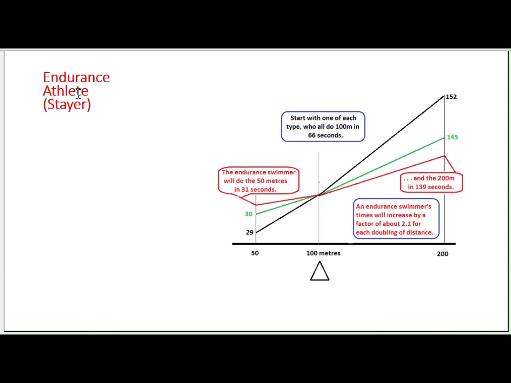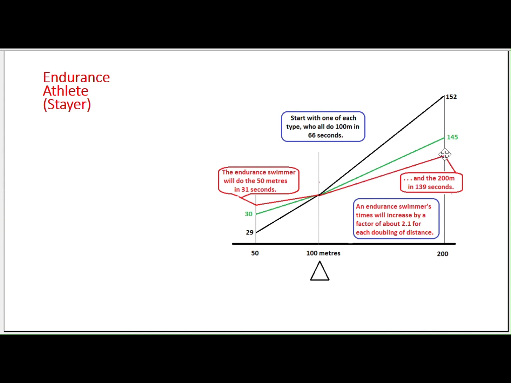An endurance athlete who can swim 100 metres in 66 seconds. They can't generate much speed even at short distances, and so they can't get down to 30. They'll be just above 30. They might do 50 metres in 31, and that's the best they can do. But once they pass the 100 metre mark, they maintain speed because they've got this red fibre.